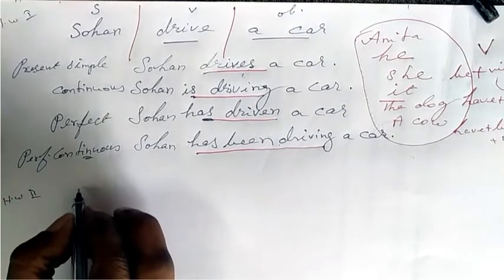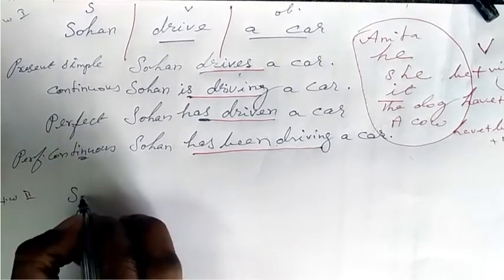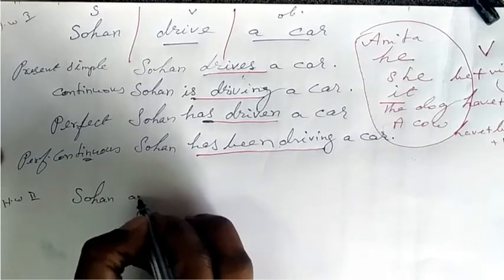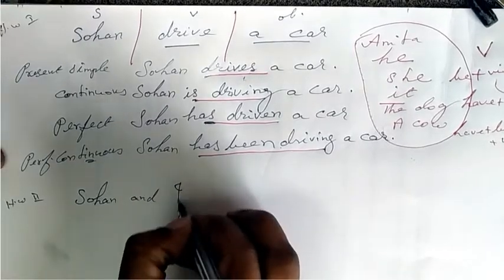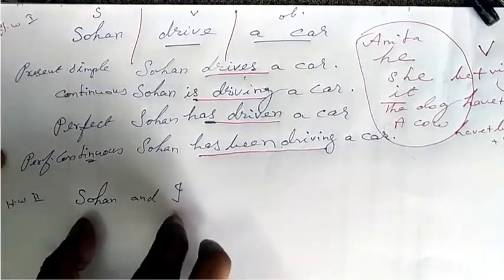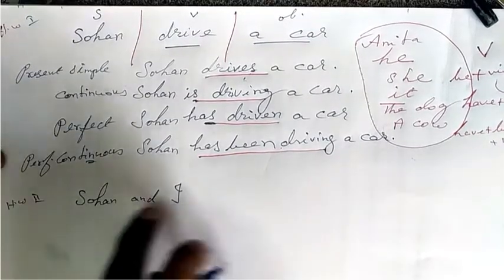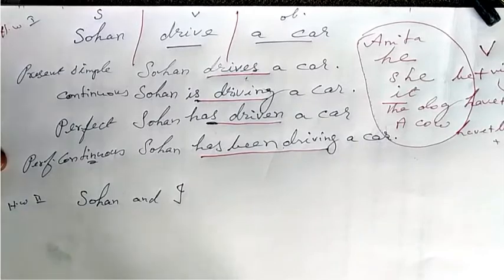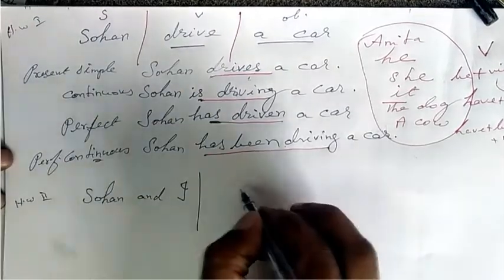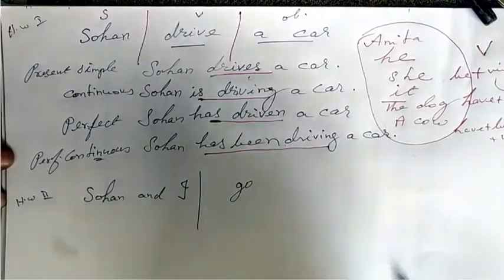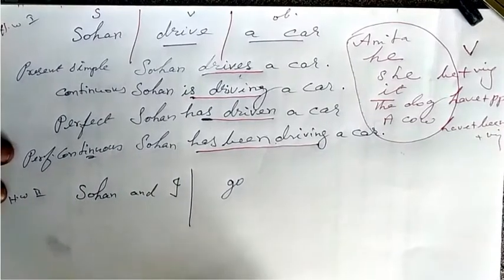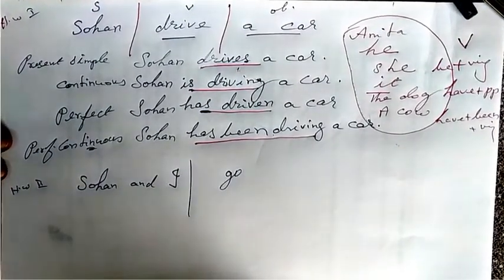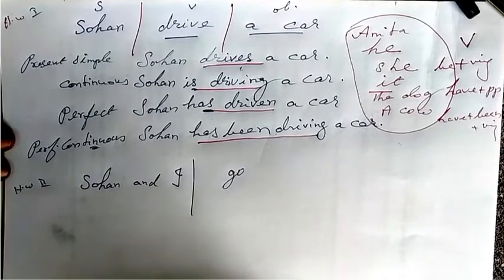Let us take the same word, Sohan, and I. This time I have given a subject that contains 2 words. You have to make up your mind what you are going to do. And the verb you choose as go. The 3 forms of go, went, gone.